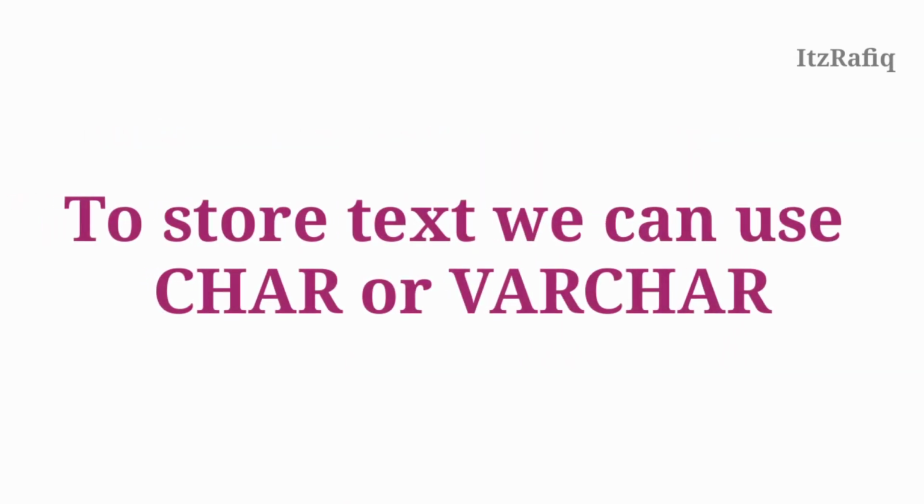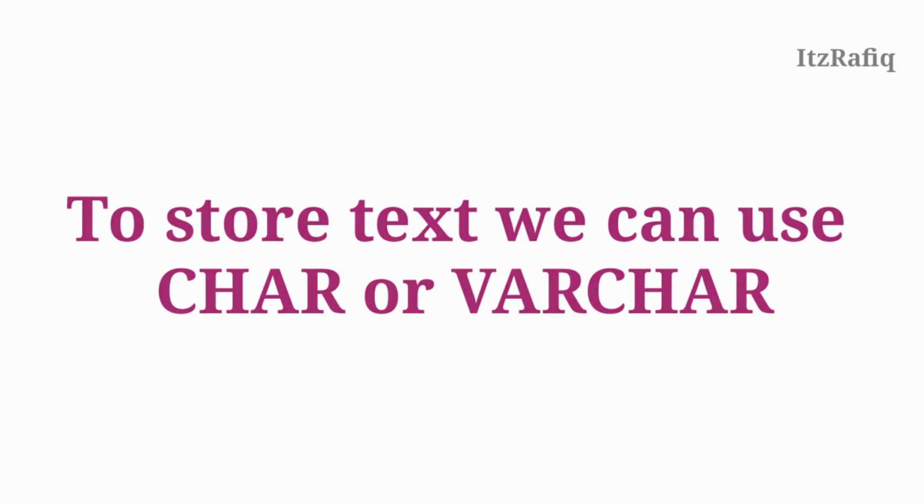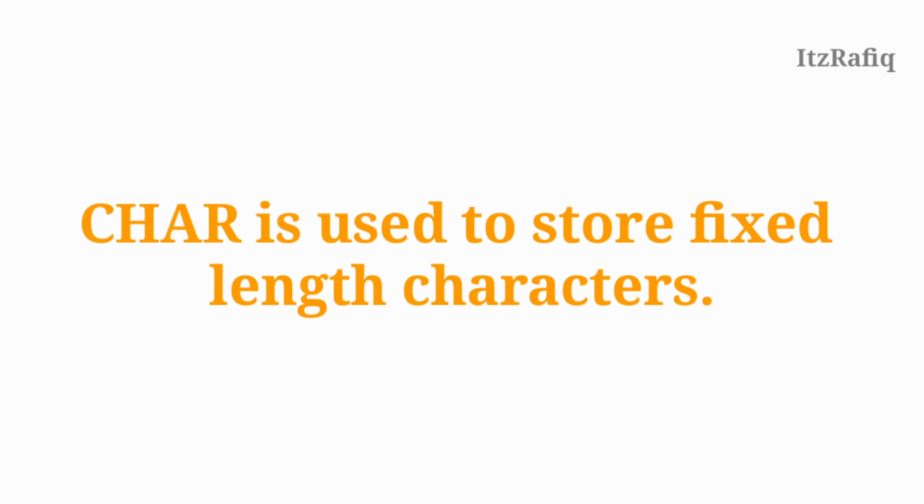In text, we can select two types of data: char and varchar. The first one is char. It can be used to store a fixed length of characters from 1 to 255 characters. If we choose char, then it will consume fixed length. Suppose I have declared my field as name char(10).